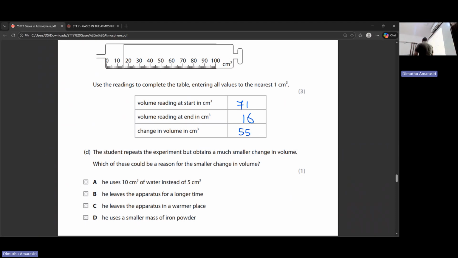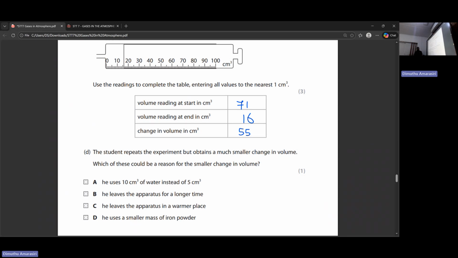What is the volume of oxygen in the sample utilized in rusting? 55. Because it was used in rusting, that's why the volume has reduced. Do you understand?